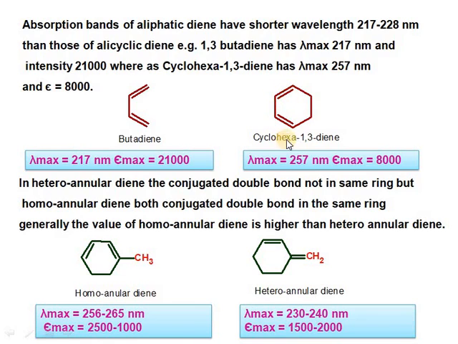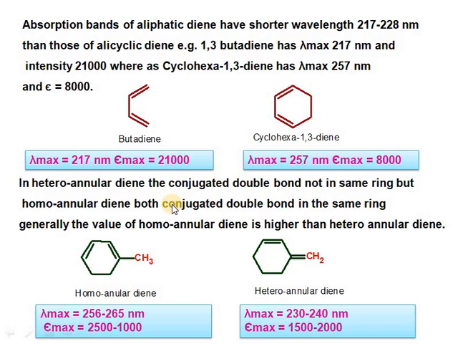These are carbon-carbon double bonds, which are also conjugated. But in the acyclic case there is no extra or extended conjugation, therefore the value is less, at 270 nanometers. And 257 nanometers is increased due to extended conjugation from one cyclic ring.